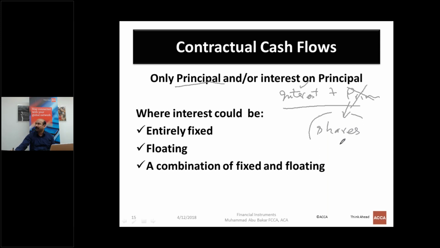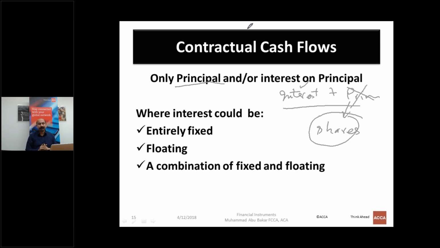So because of this, convertible bonds do not satisfy contractual cash flows. So that's why it does not fulfill the criteria. Contractual cash flow test is failed.